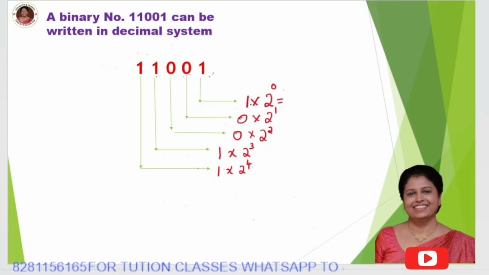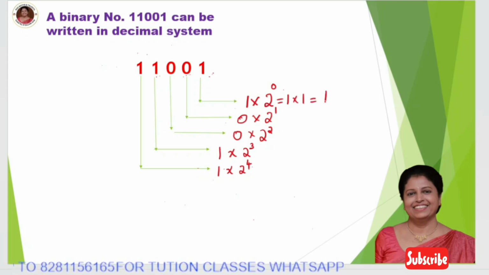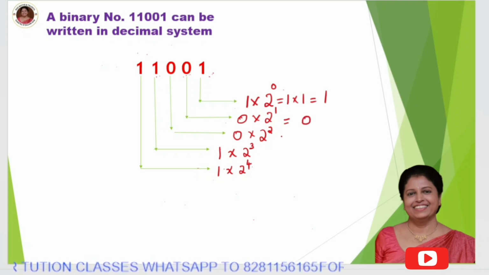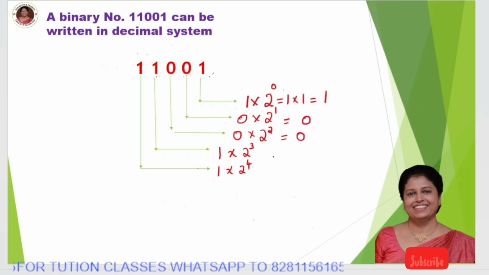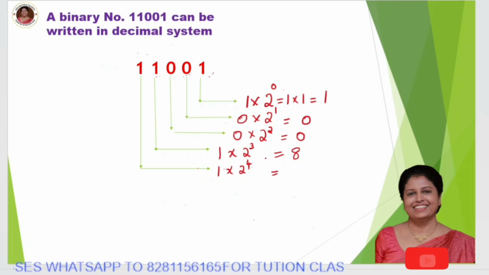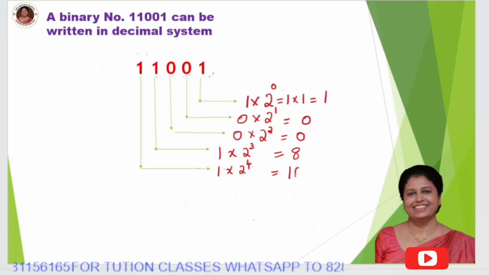Then 1 times 2 raised to 0 is 1 times 1, that is equal to 1. Here it is 0 times a number, that is equal to 0. This is also 0 times 2 square, that is 0. This is 1 times 2 cube, that means 8. This is 1 times 2 raised to 4, that is 16.